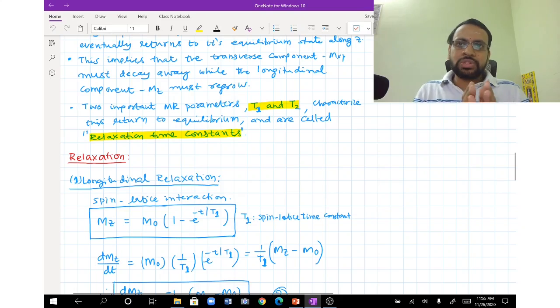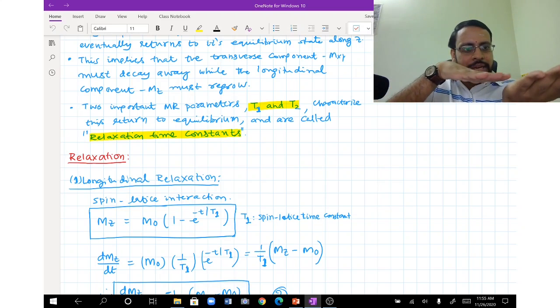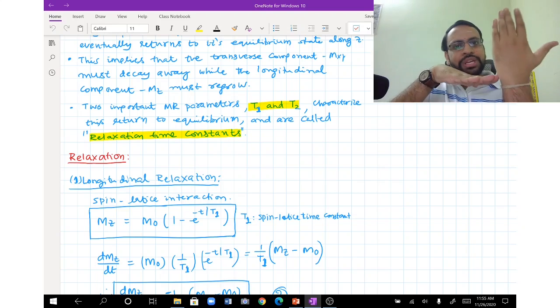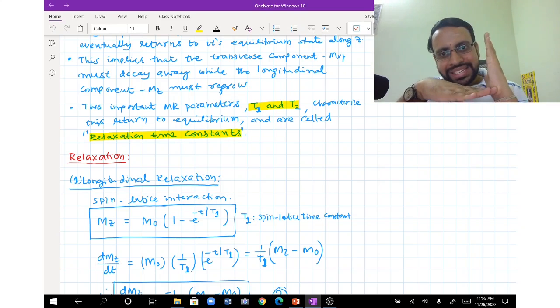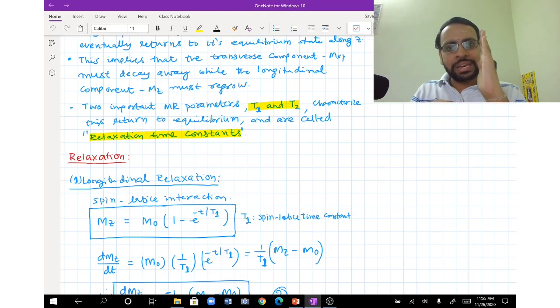As you could rightly guess, since there is no force applied in the xy plane, this would eventually come out into the z direction. This M bar would again be restored to its original position, which is in alignment with the applied magnetic field.